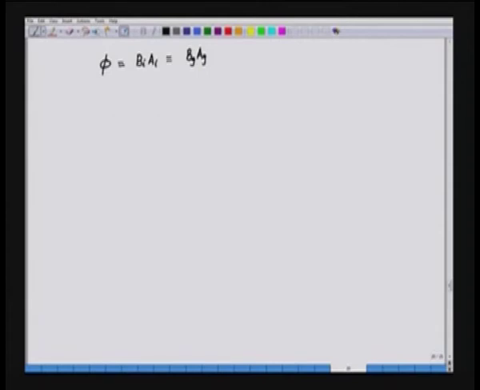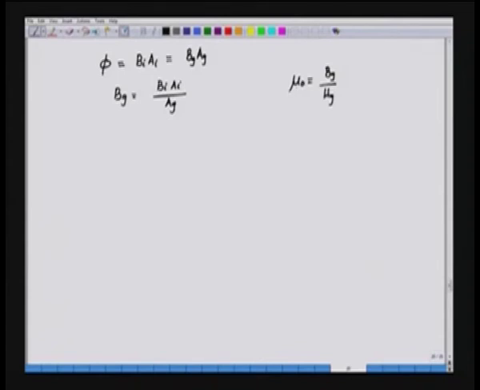Now, Bg is equal to Bi Ai by Ag. We know that mu naught is equal to Bg by Hg. Hg is the field strength, Bg is the flux density, and they are related by a constant of proportionality called the permeability.